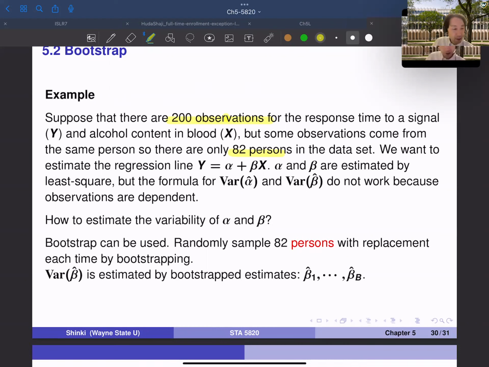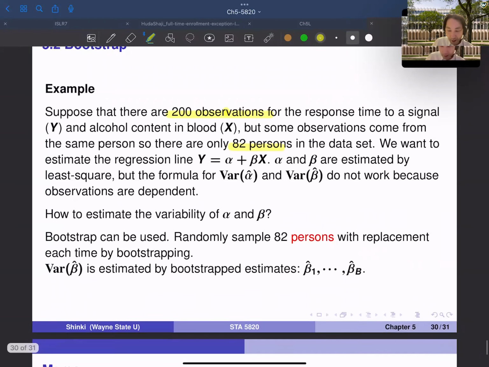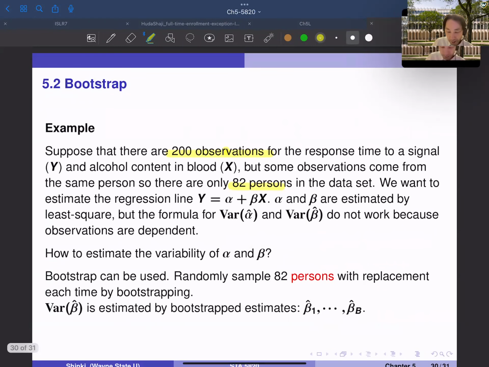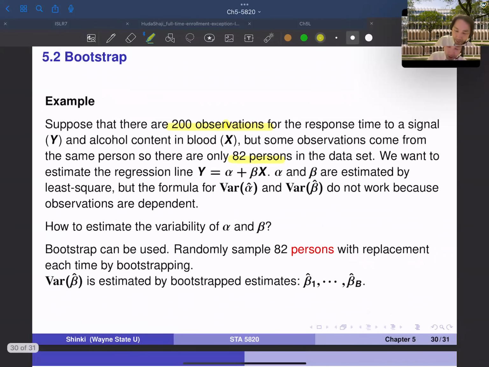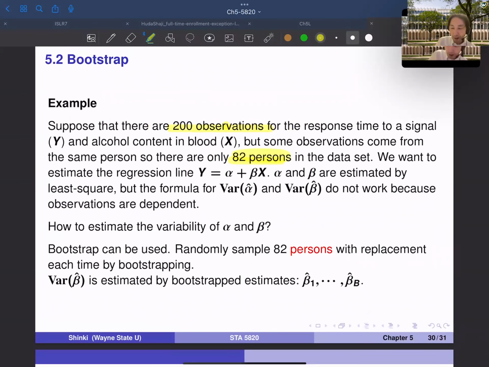In such a case, at least those observations are correlated. Observations within one person are correlated. So we cannot say 200 observations are independent. So we cannot use the linear model theory to estimate the standard error of alpha hat and beta hat. So how do we deal with this? In this case, we usually assume the 82 persons are independent.